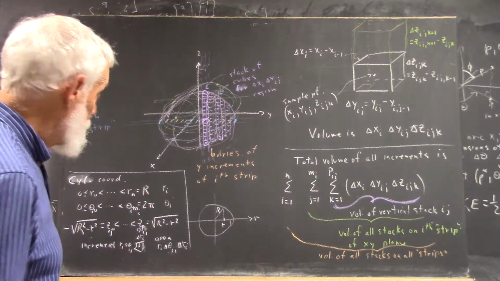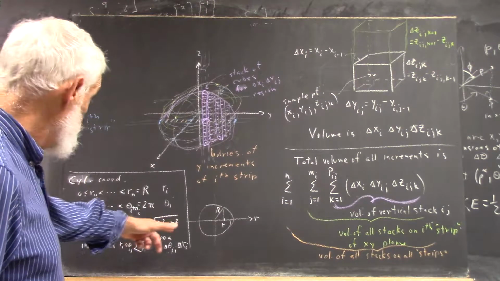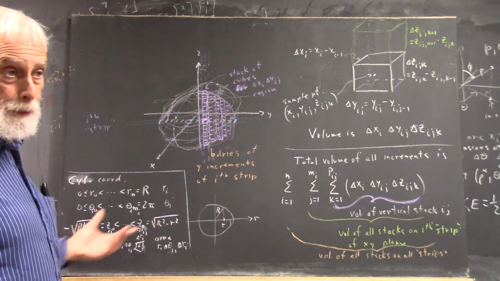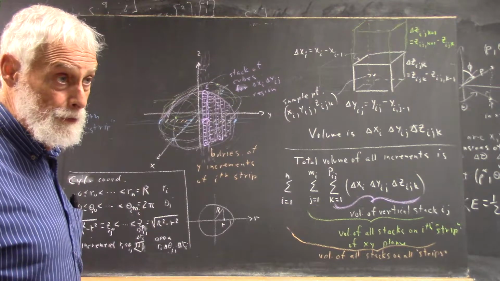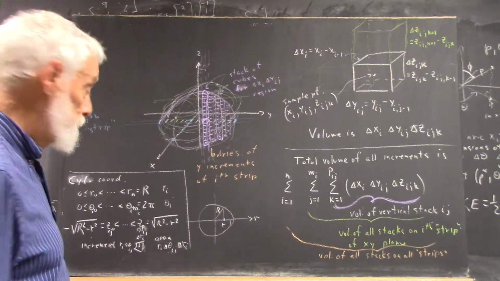Okay? Now what do we have to do to make this into a volume increment? Well, our partition will have a typical Z Ijk, right? Or a delta Z Ijk. Where's that going to go? Well, that's going to go here.